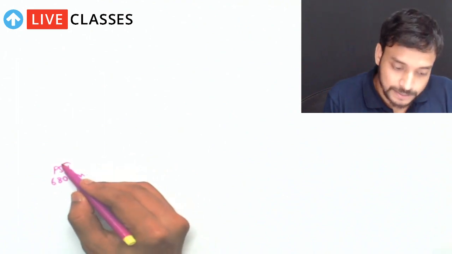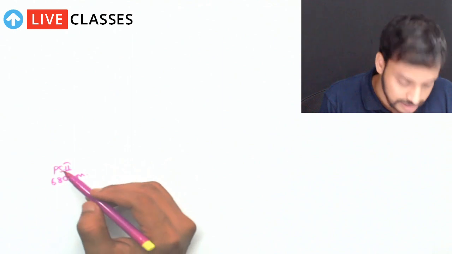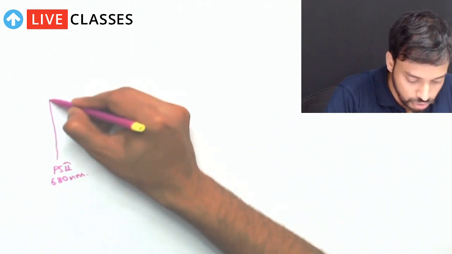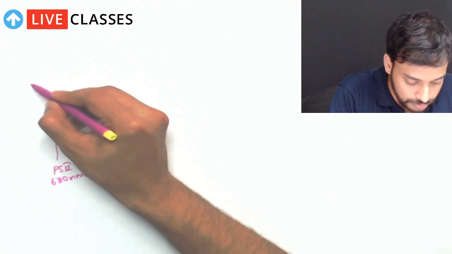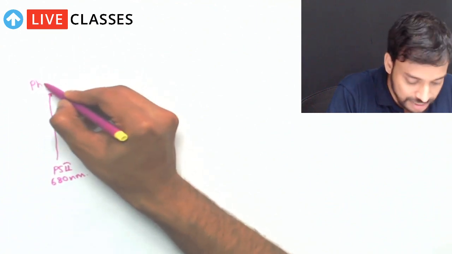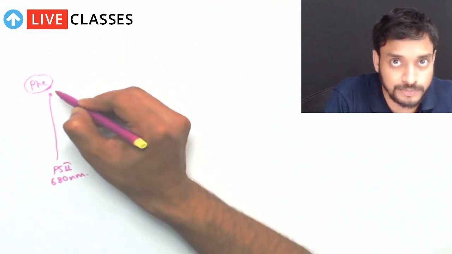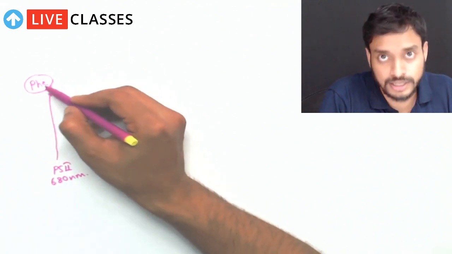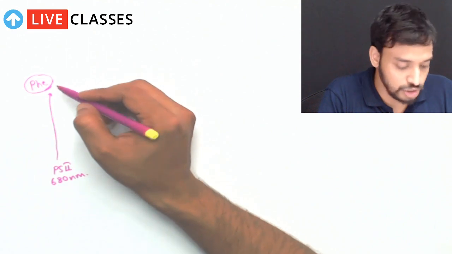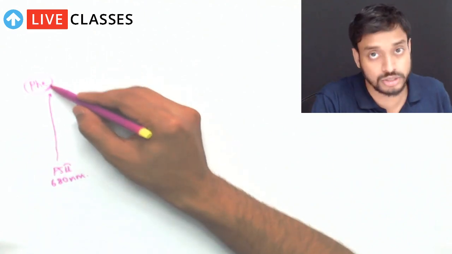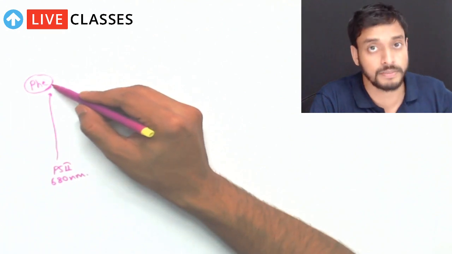It gets excited and this is passed on to whom? Here the electron is passed on to a molecule abbreviated as PHE, which is basically phaeophytin. You should remember phaeophytin. It may not be asked in your CBSE or board examination, but it can be asked in your competitive examinations.